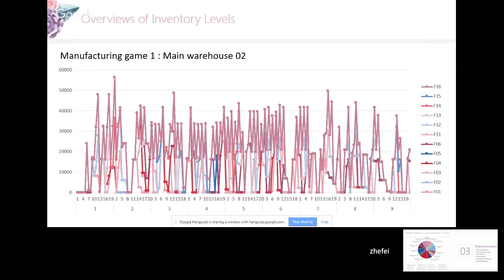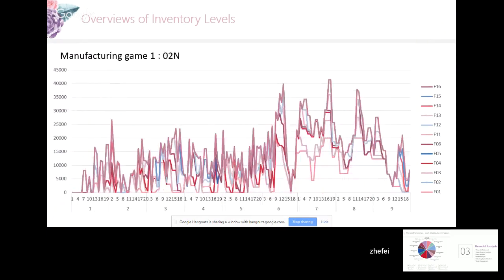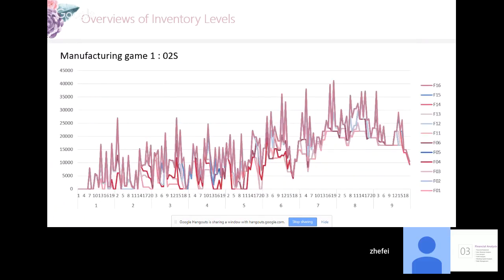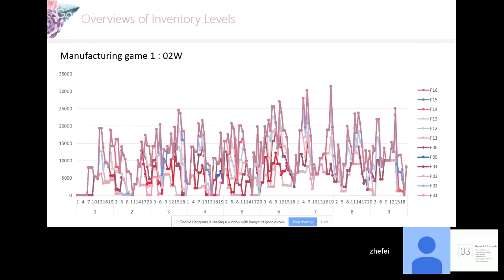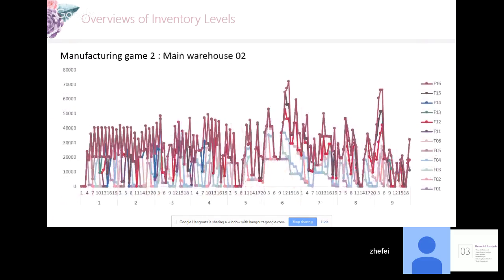The first flow chart shows the inventory levels and the inventory movement in the first manufacturing game in each warehouse. The first page is the main house, and the others are for the regional warehouses. The last flow chart shows the same things. To be noticed, there is a plateau at round 6.